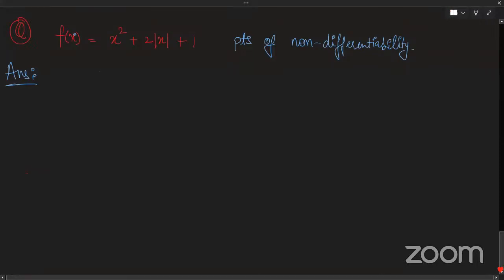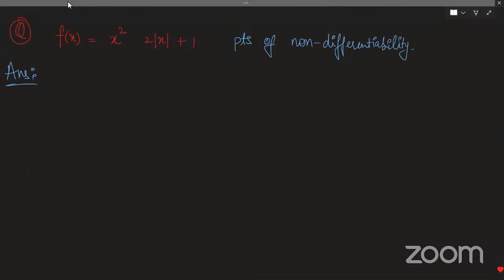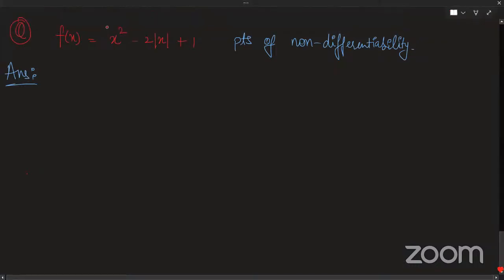Have you learned how to draw the graph of a parabola? This simple parabola? I guess we have learned it in relations and functions, right? Do you all recall this? Everyone? We were not there, sir.